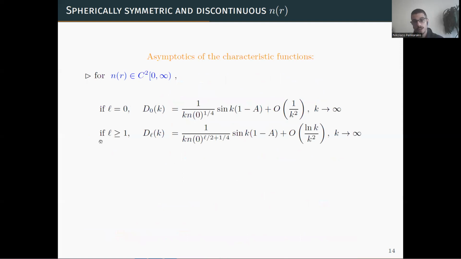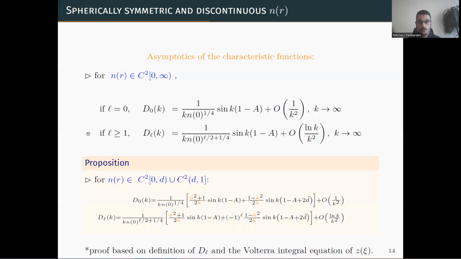I would like to say a few words about the asymptotics of the characteristic functions, because this is one of the most important parts of this type of problems. I recall that in the continuous case that we discussed before, in the special case where we look only at the spherically symmetric zero-order eigenvalues, the characteristic function satisfies this relation for large values of the wave number, where we see that the dominant, the slowest part, behaves like sine k over k, and this also holds for the higher orders.